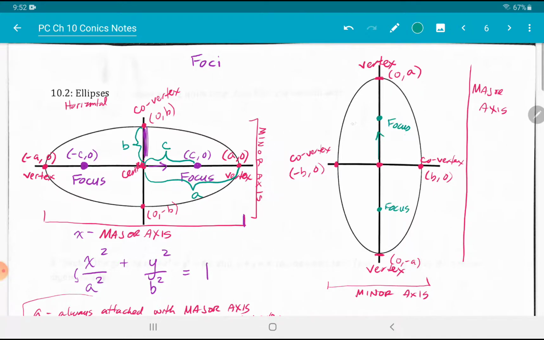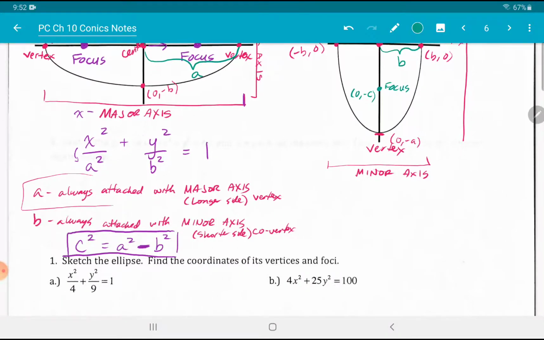So this focus is at the point (0, c), and this focus down here is at (0, negative c). It has a distance from center to focus of c. The center to the vertex, again, is a distance of a. And the distance from the center to the covertex is a distance of b, just like that.